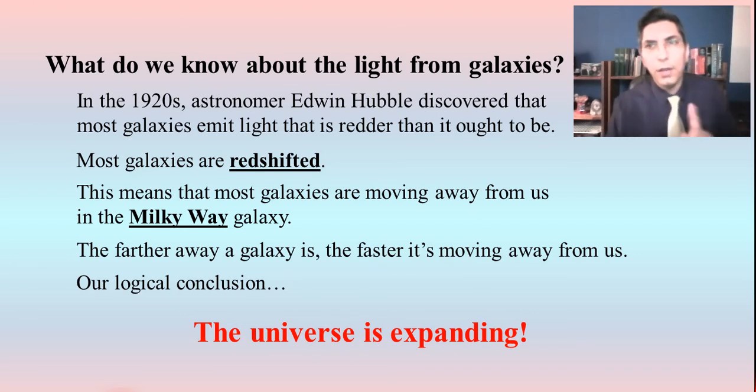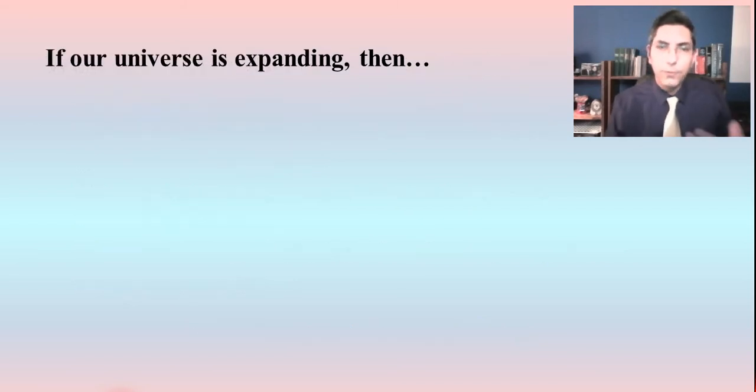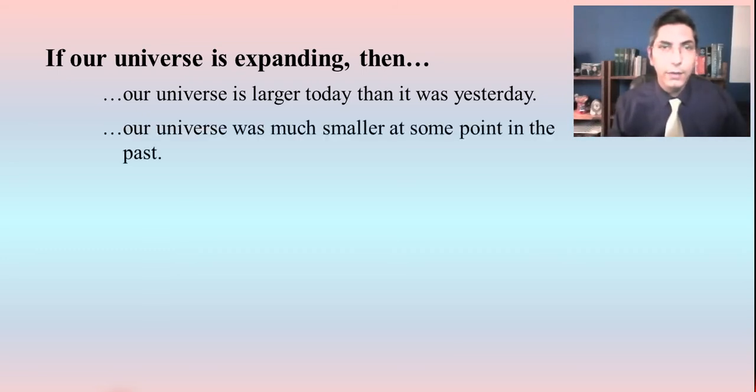Now, let's think about what this means. If the universe is expanding, then there are a few things that must be true. If the universe is expanding, then that means that our universe is larger today than it was yesterday, right? If it's constantly expanding. And if that's the case, then that means that our universe at some point in the past was much smaller than it is today.